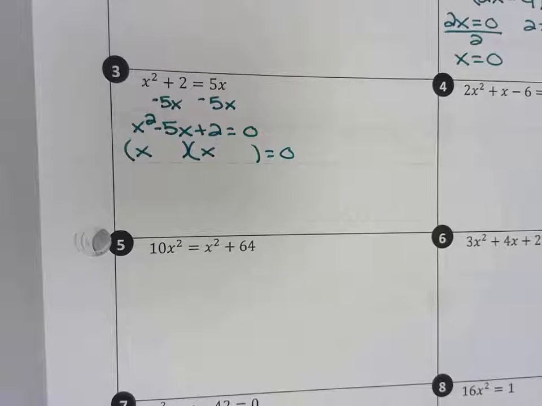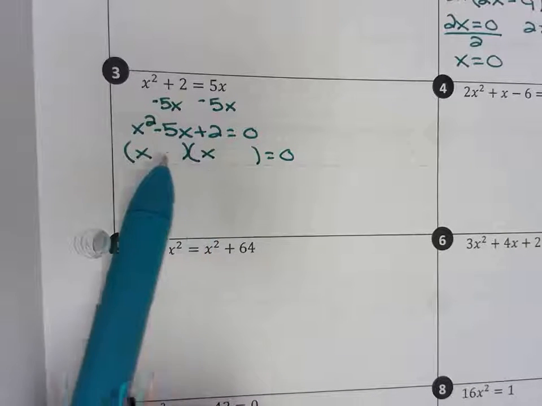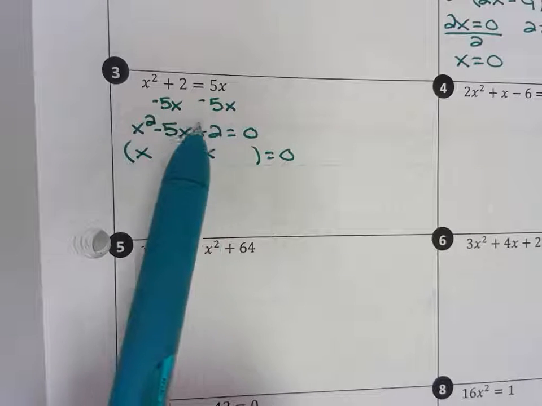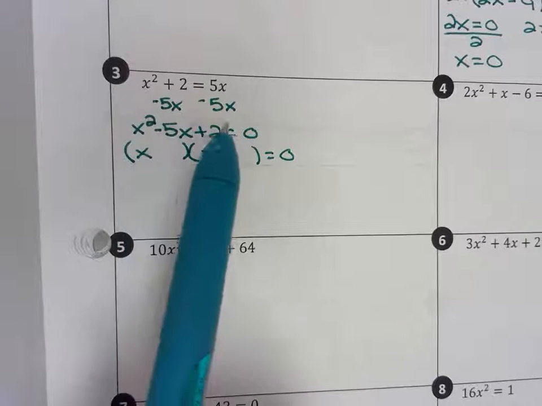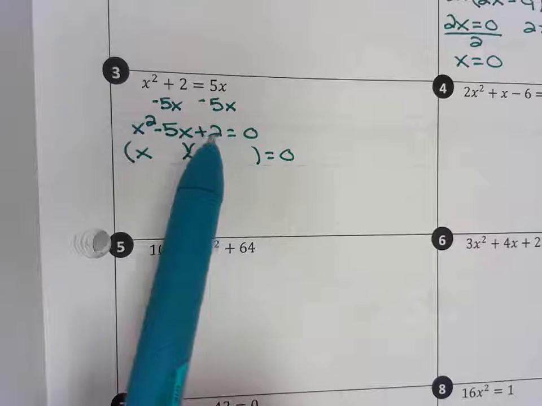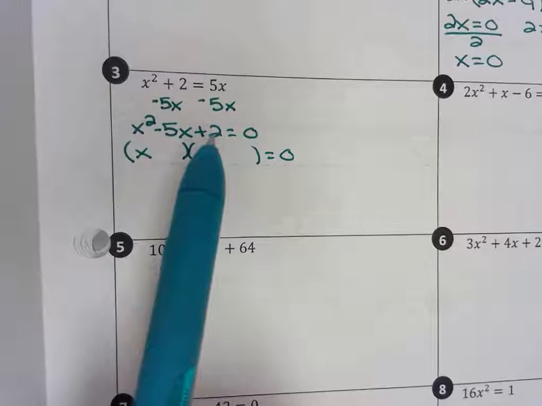So how do I figure out what numbers go in there? Are there two numbers that multiply to give me 2 and add to give me negative 5? What are some things that multiply to give me 2? 2 and 1. Will that ever give me negative 5? No. Is there anything else that multiplies to give me 2?